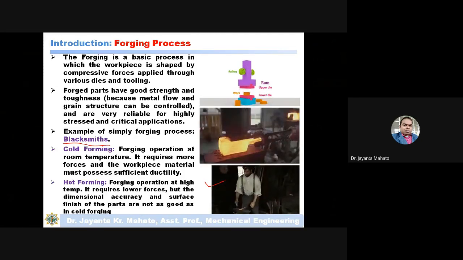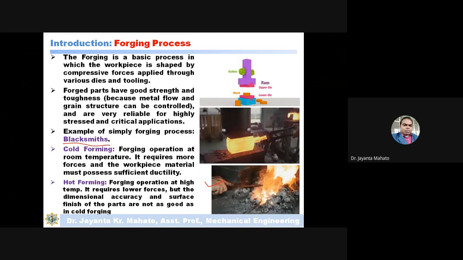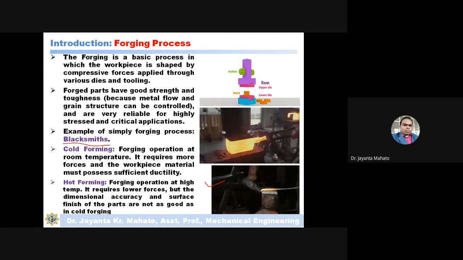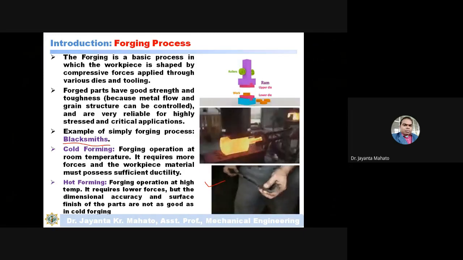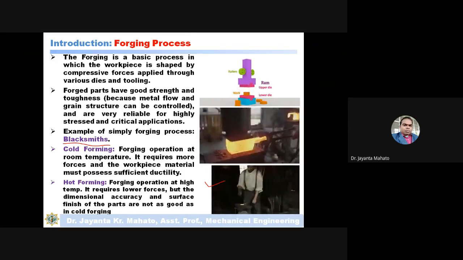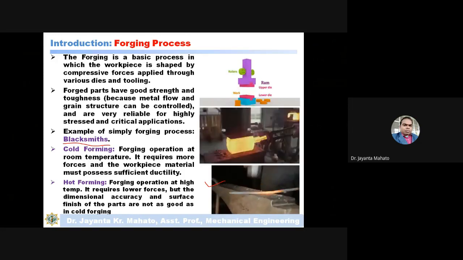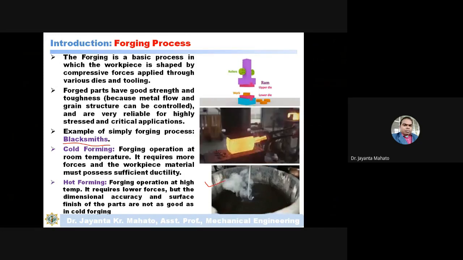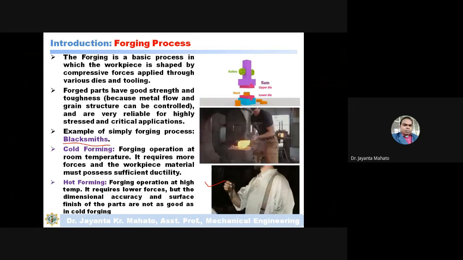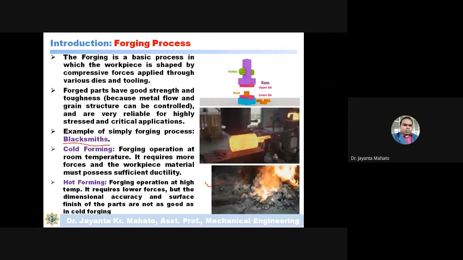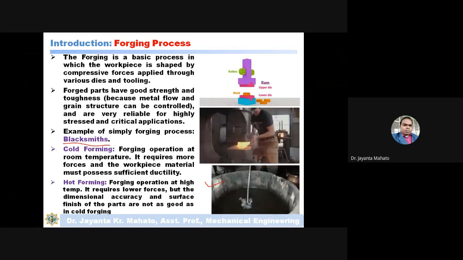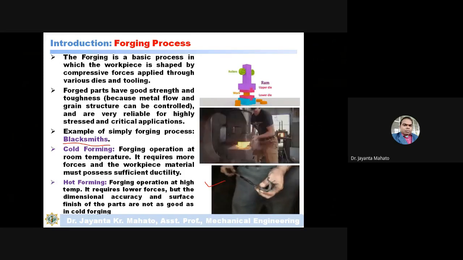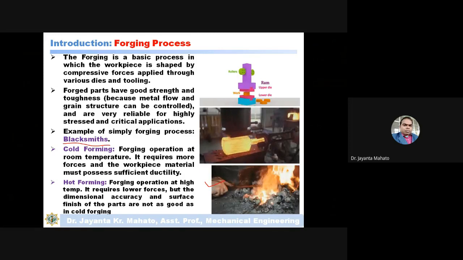At room temperature, it is called the cold forming process, and at high temperature, above the recrystallization temperature, it is called the hot forming process. In the cold forming process, more force is required because, to deform the material, more load is required compared to the hot condition.